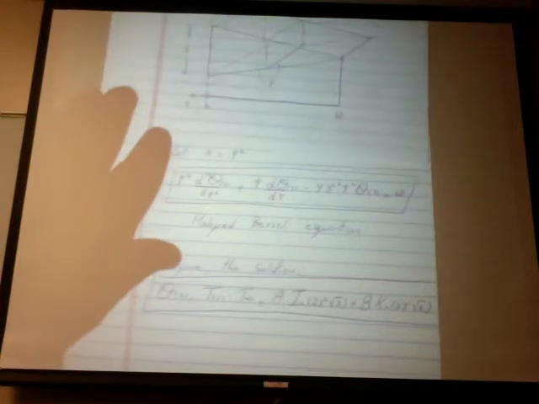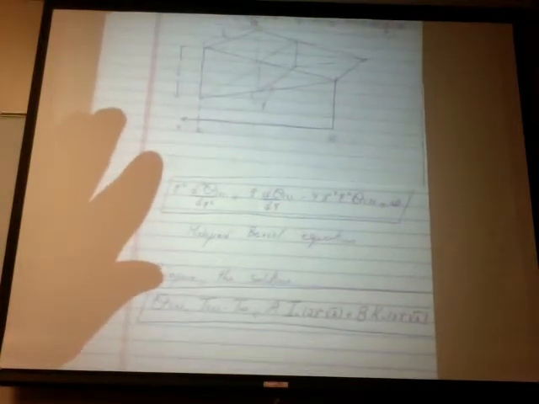Now, we got constants of integration there, A and B. What do we do with those constants of integration? Or what do we need to be able to determine those constants of integration? This is a general solution. This is a general solution to the triangular fin problem.